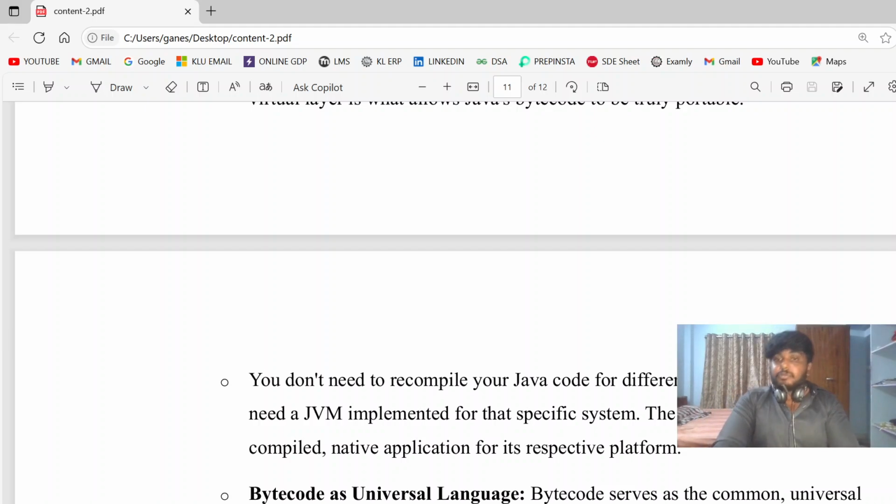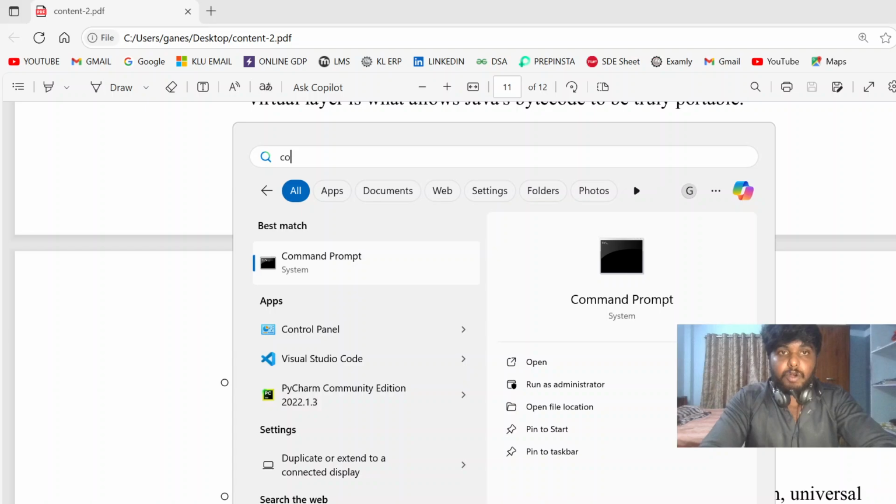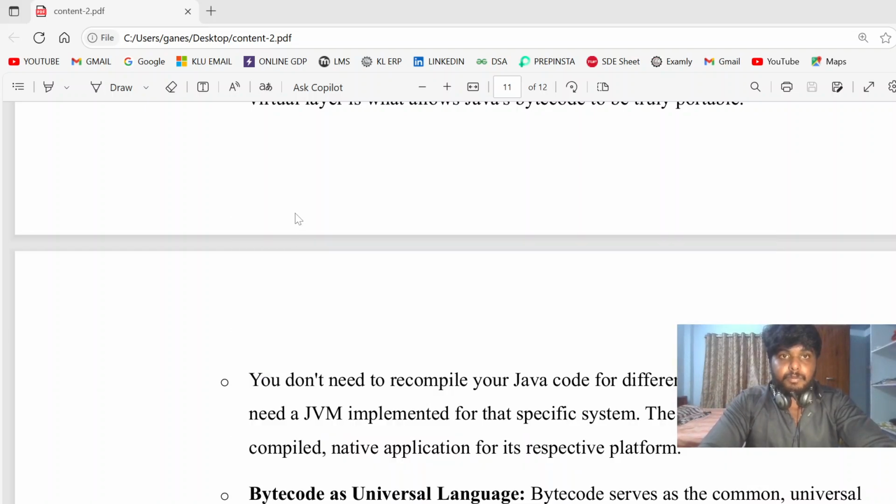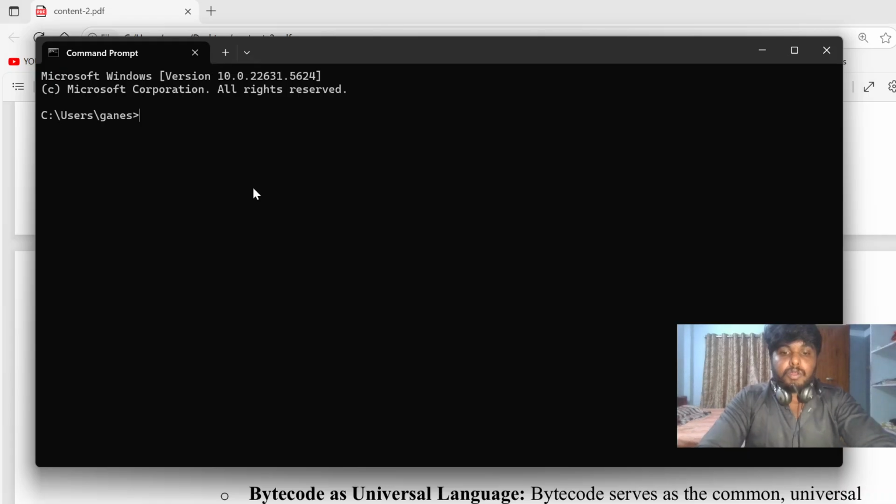Now let me show you this. Leave the C language part, leave the interpretation part. Now only concentrate on how Java gets compiled and interpreted. So let me show you. I will open a command prompt here. My command prompt is in the C drive, Users folder, and then the next folder, Ganesh.